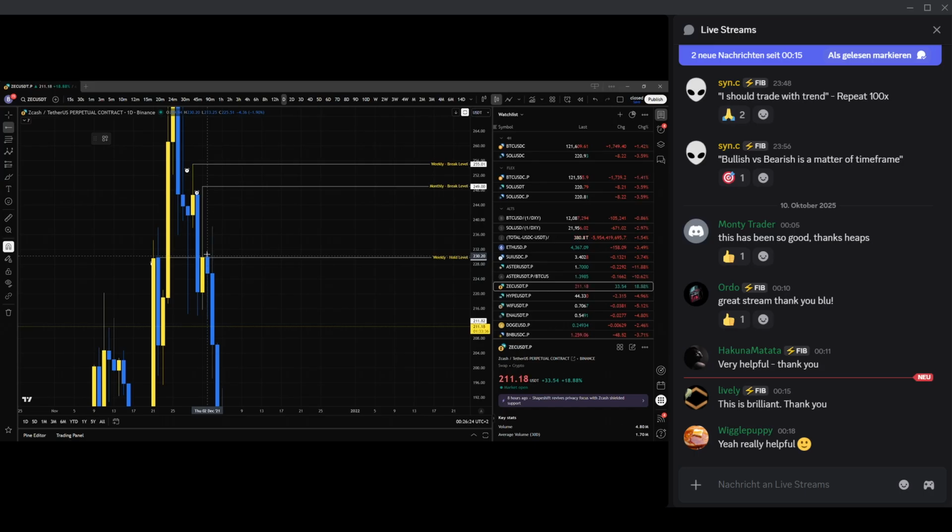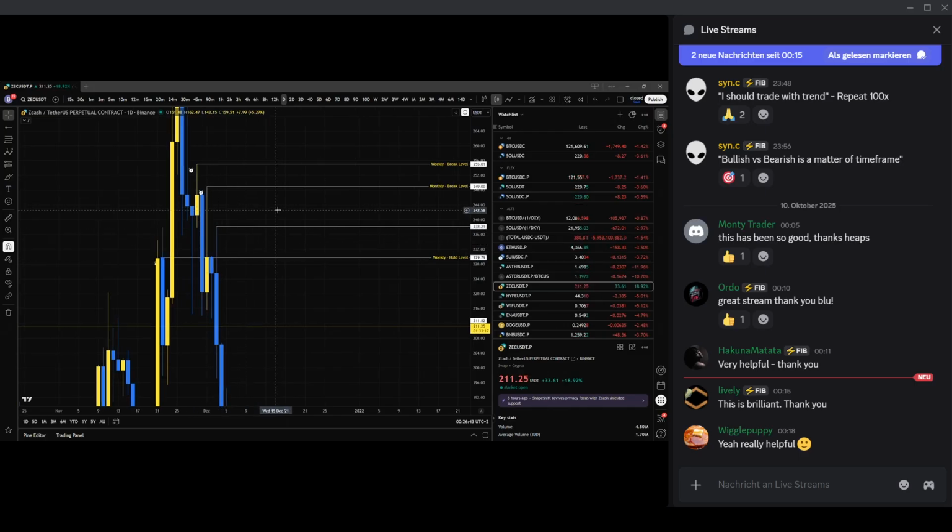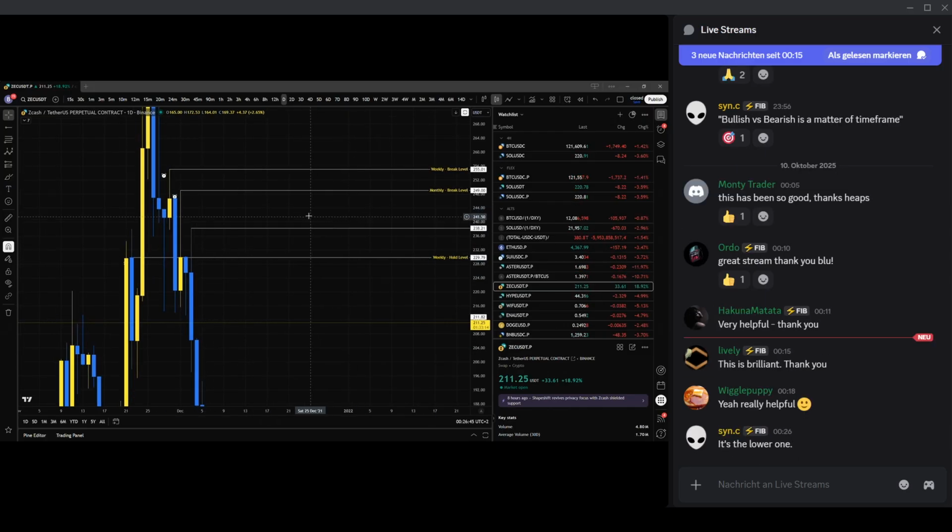I'm never perfectly sure which one is then the right one. Should ask Sin about this if he isn't here. I feel like this is the right break level, but if I take the 2-day, then it is this again. So that's where I get a bit confused which one is the right one. But either way, if it goes a bit further, it's the lower one.